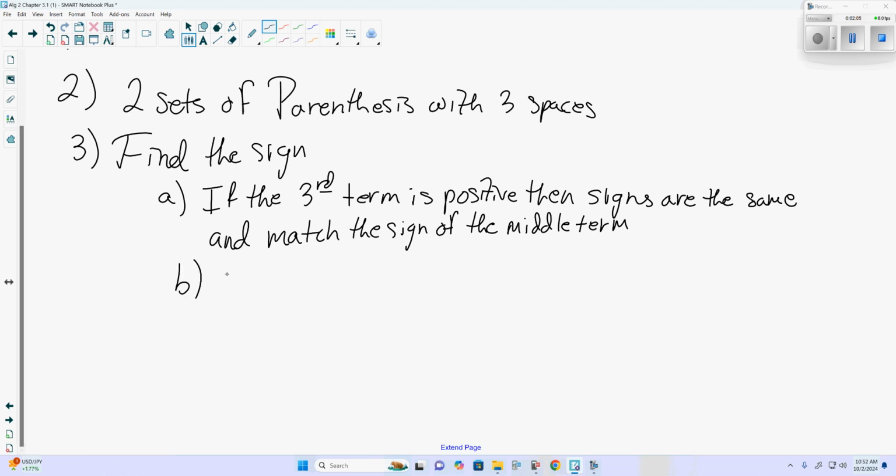But if the third term is negative, then the signs are opposite.